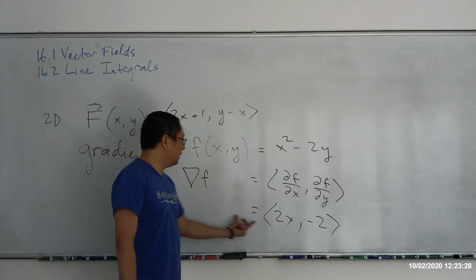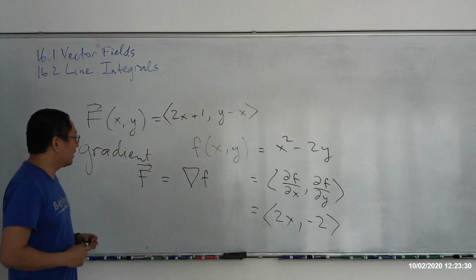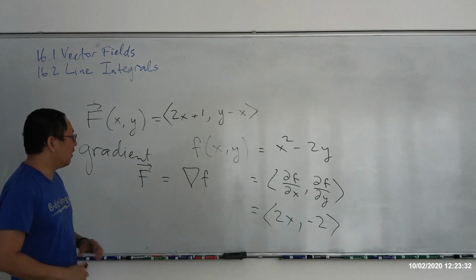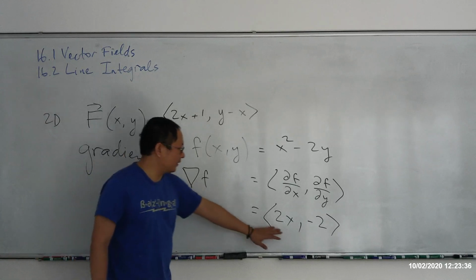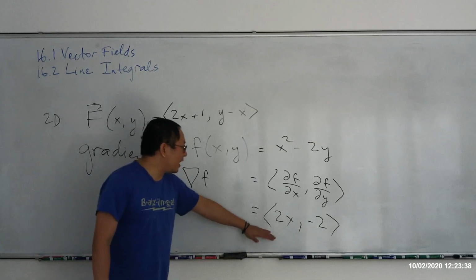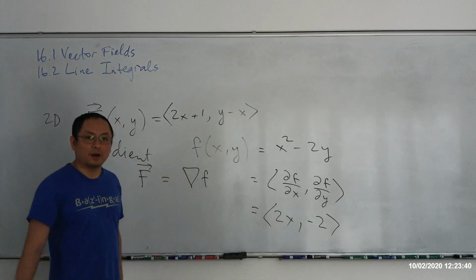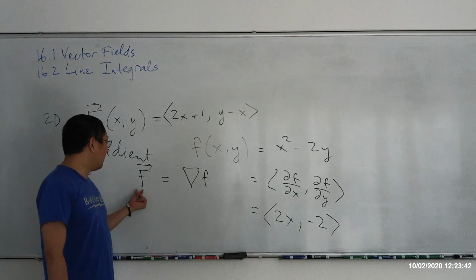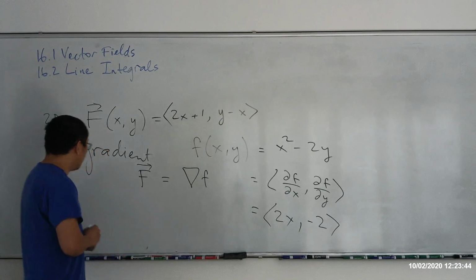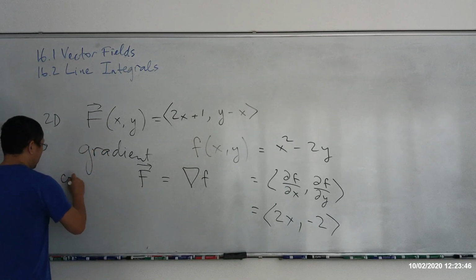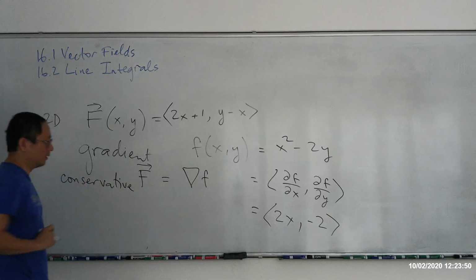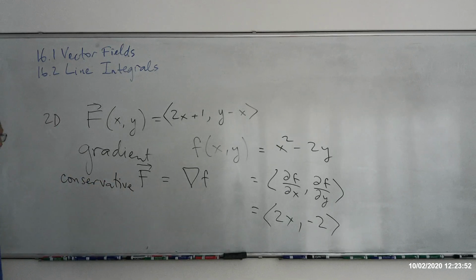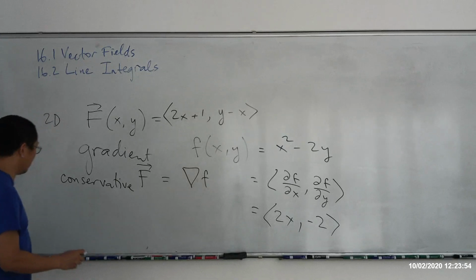So if you have a vector function F, such that it is the gradient of some function little f, then we say that this vector field is conservative. Conservative. Okay, so let me write it down a little more clearly.